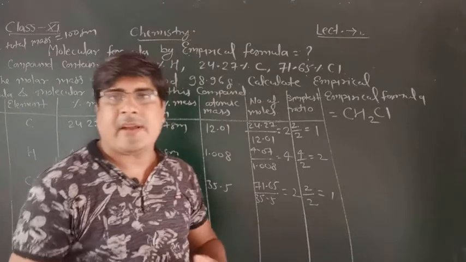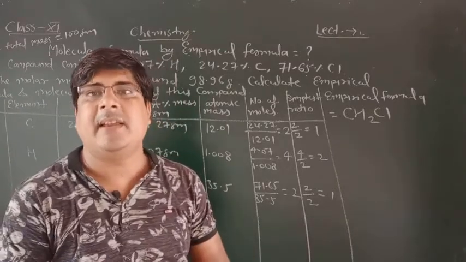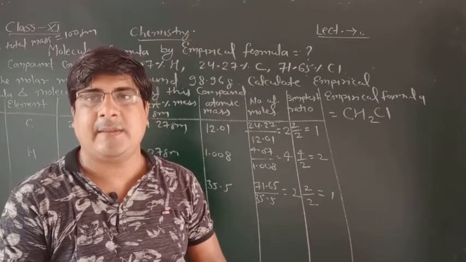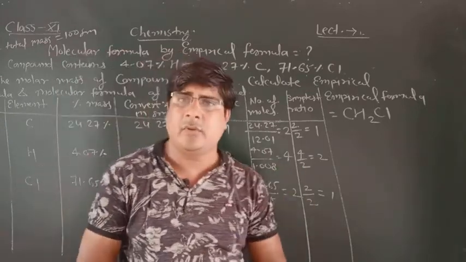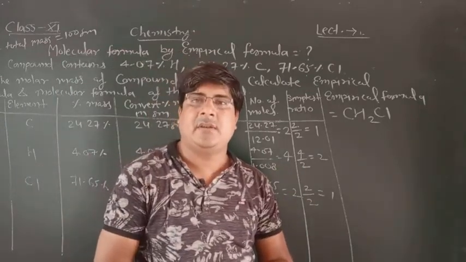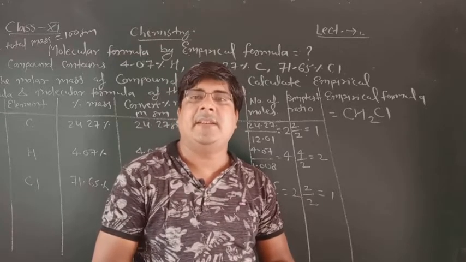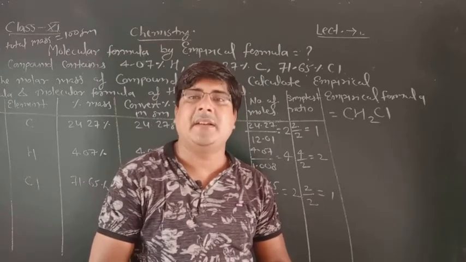Now how can we find the molecular formula from the empirical formula? This is the main question. To calculate the molecular formula, first we will calculate the empirical formula mass.